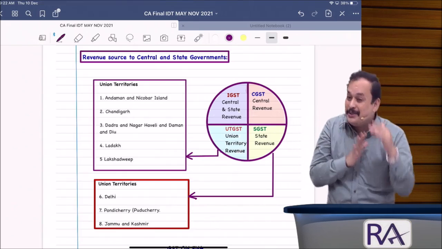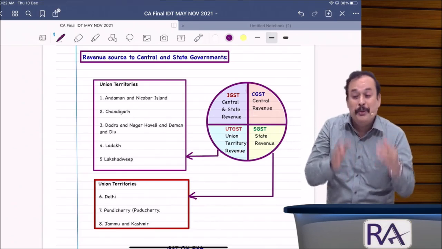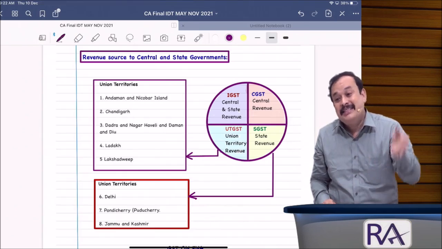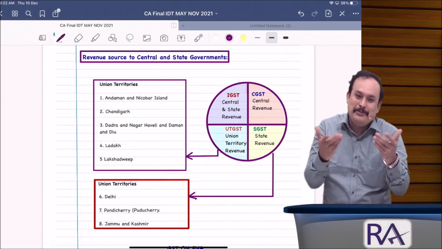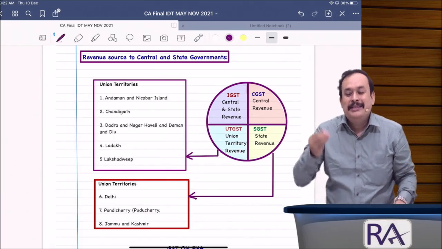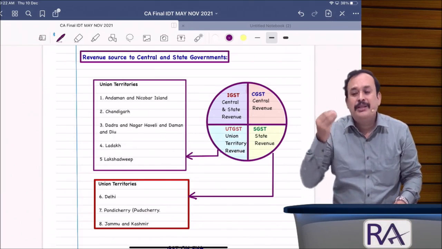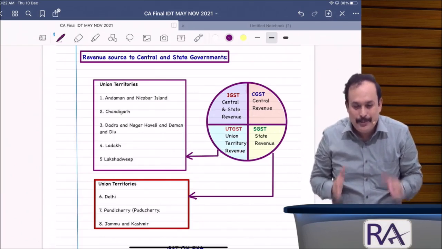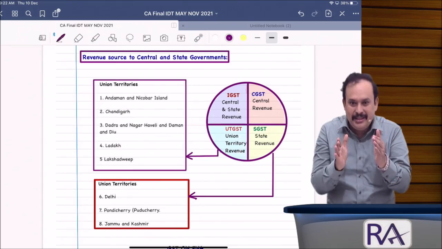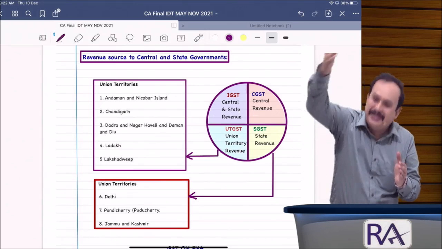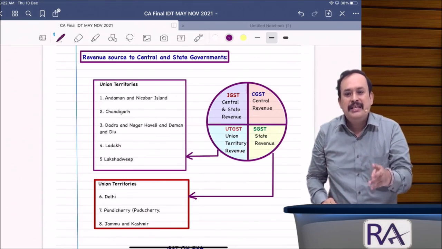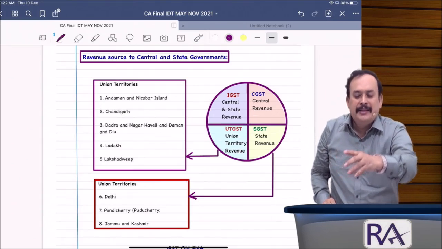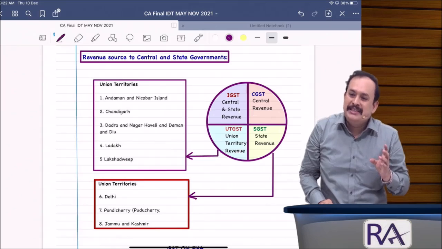When you talk of Jammu and Kashmir, though a union territory, it has the state assembly concept. Elections are set to take place there; now presidential rule is going on. If tomorrow or the day after, elections take place, the state assembly will form, and obviously SGST will be applicable.